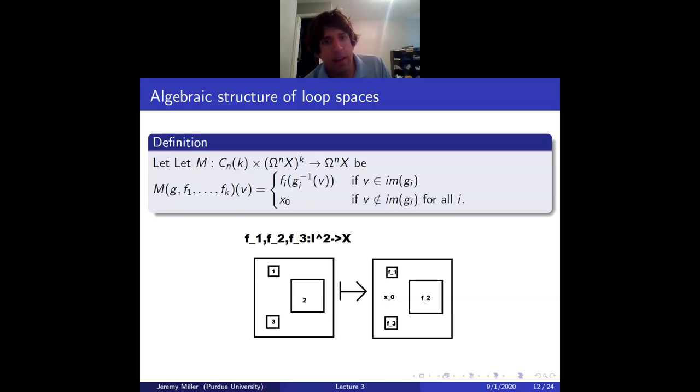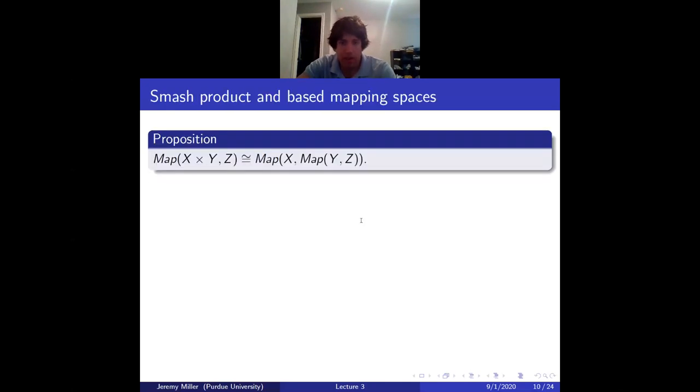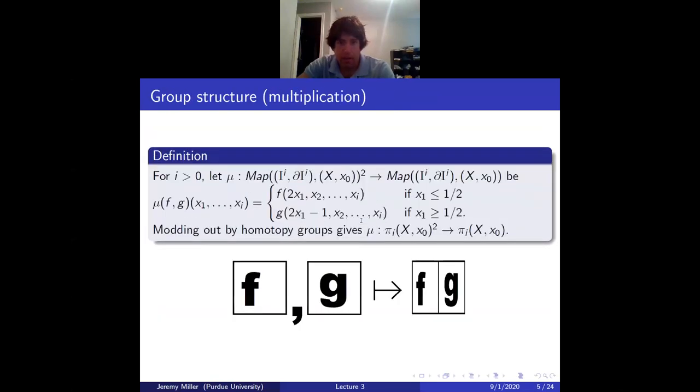So you might have said, going back to this picture, hey, why are you putting f on the left and g on the right? Why not g on the left and f on the right? Or why don't you put f above g? Why don't you stack in that direction?